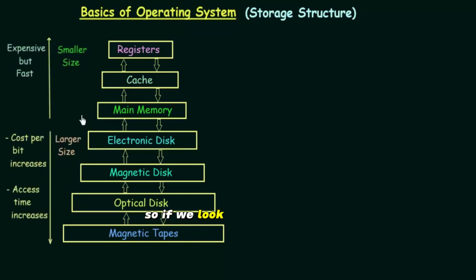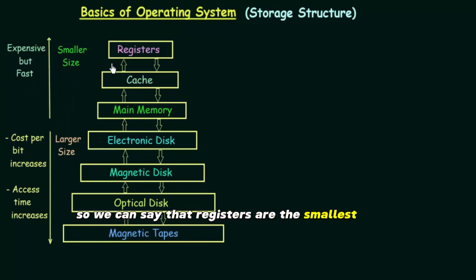If we look at this hierarchy, as you go up the hierarchy, the devices become expensive, but they are fast. The size also becomes smaller as you go up. This is the biggest size, and as you go up, the size of the devices becomes smaller and smaller, but their speed becomes higher and higher and so does their cost.